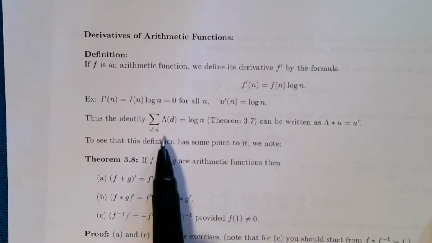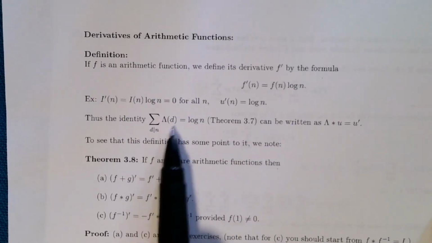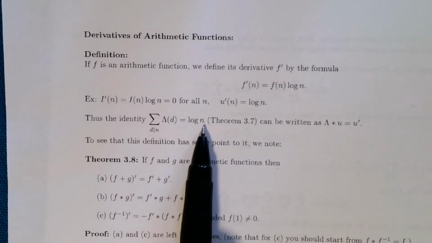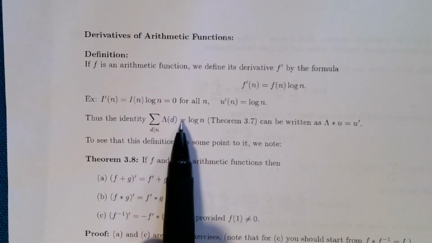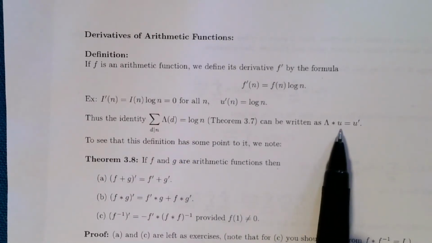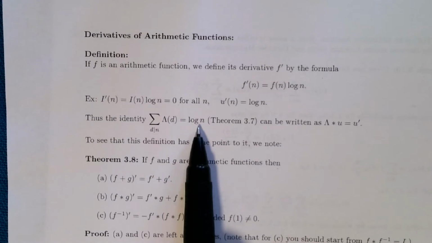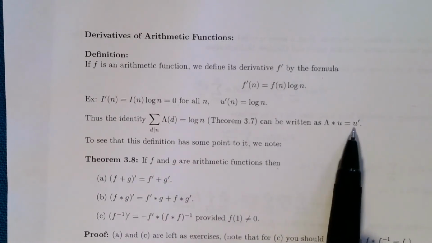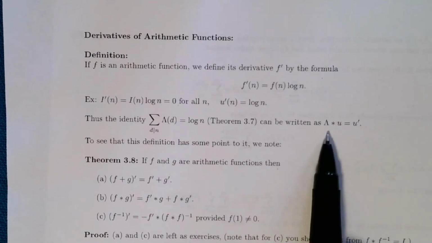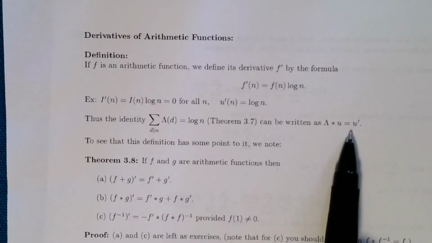The identity that we had, that the sum over the divisors of lambda d is log n, which was our theorem 3.7, we can now write as lambda star u, and this is u dashed, so I can write lambda star u as u dashed. So we can get lots of interesting connections involving this new derivative.